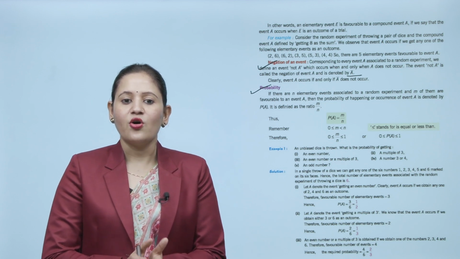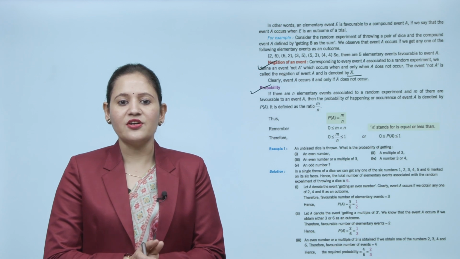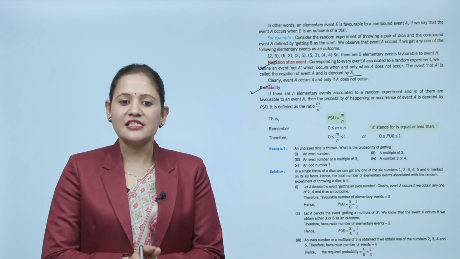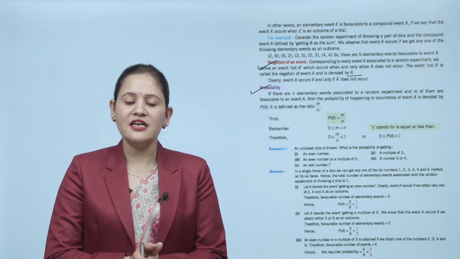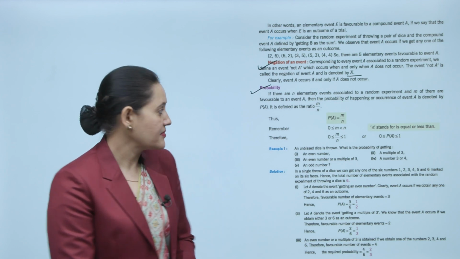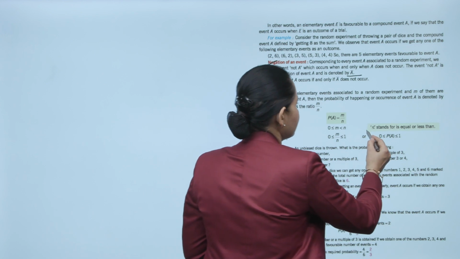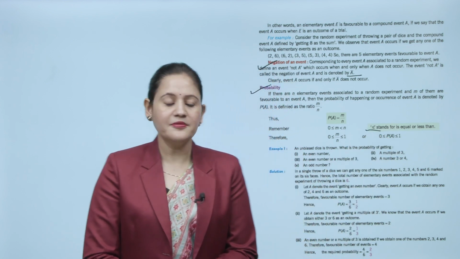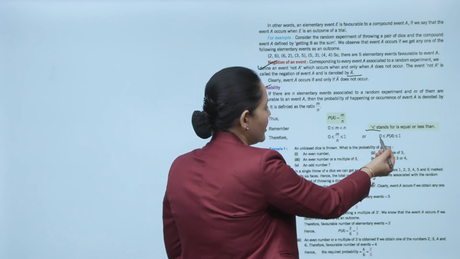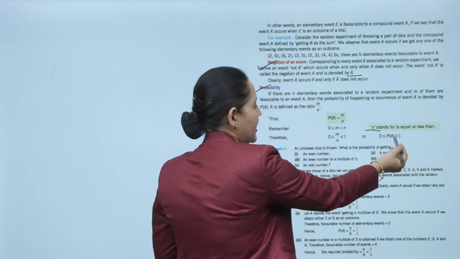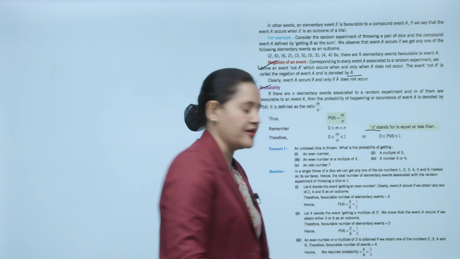Remember, 0 is less than or equal to m, and m is less than or equal to n. Therefore, 0 is less than or equal to m upon n, which is less than or equal to 1. This sign stands for less than or equal to. Clear? So, 0 is less than or equal to P(A), which is less than or equal to 1.